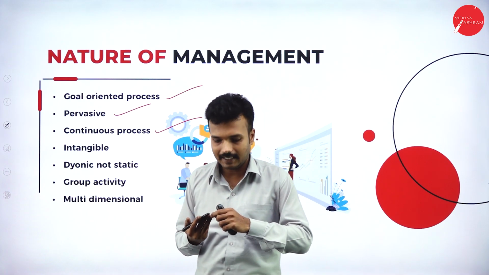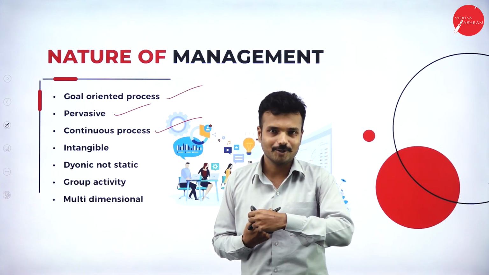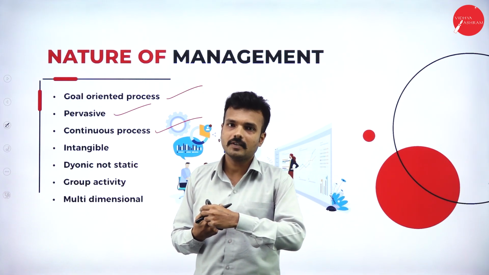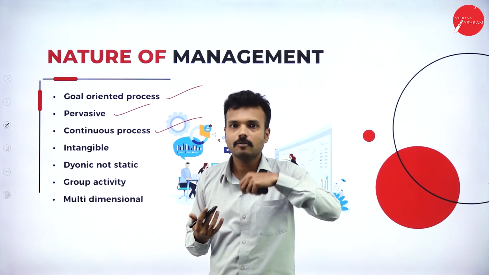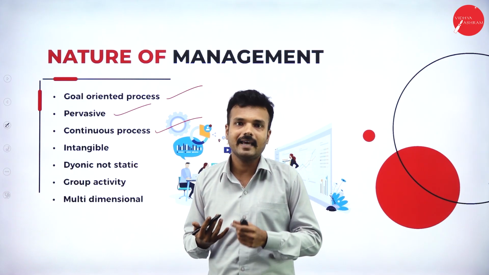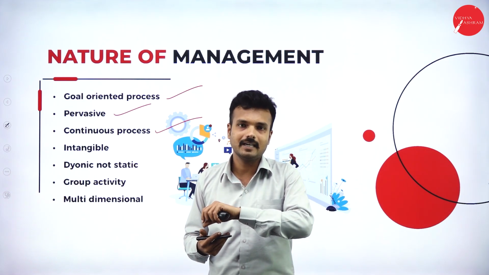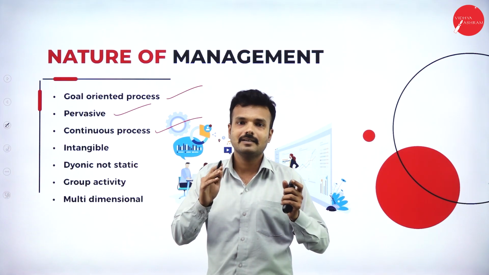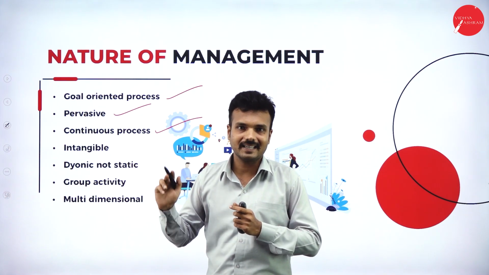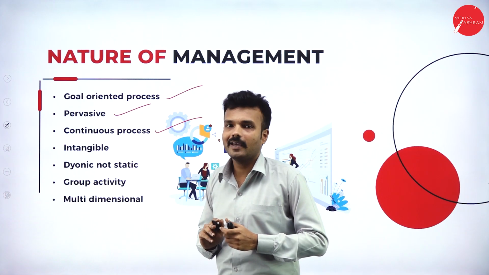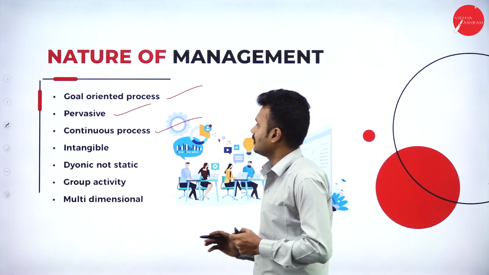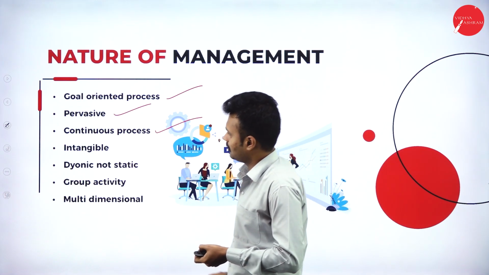After organizing, directing, staffing, controlling. What happens after controlling? It repeats. It goes back to the cycle. Again planning, organizing, directing, staffing, controlling. All the things keep on repeating again and again in a cyclical way. Hence, we can say that management is a continuous process.